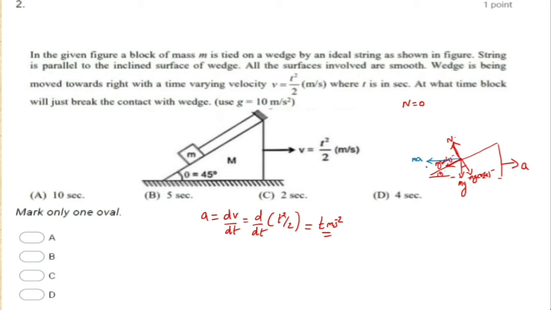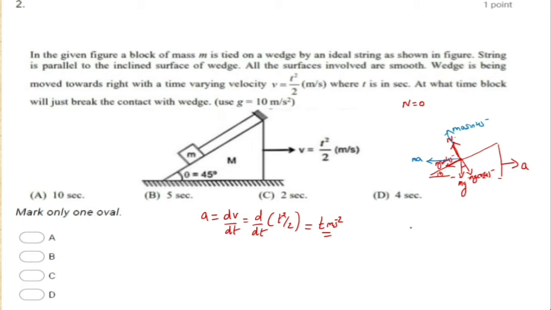We can write it as ma. If you resolve this ma into two components, there will be one component acting along the normal reaction force, which can be written as ma sin 45. Now the question: at what time will the block just break the contact with the wedge?